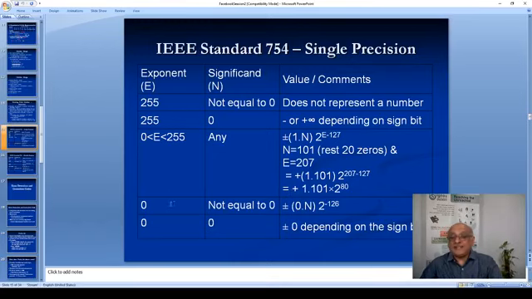Now an interesting thing over here, suppose the exponent is 0. Then we are getting the subnormal number which I was talking about. Over here n is not going to be normalized, because in the case of a normalized number, 1 has already been assumed.